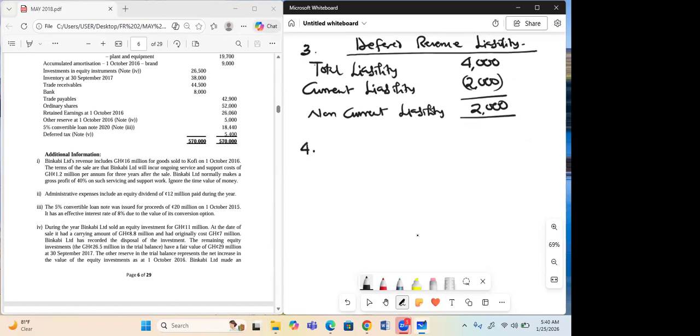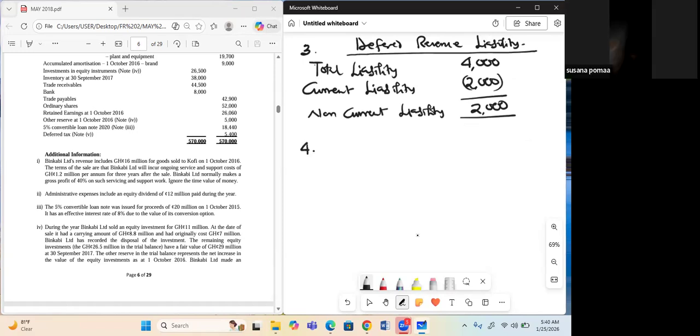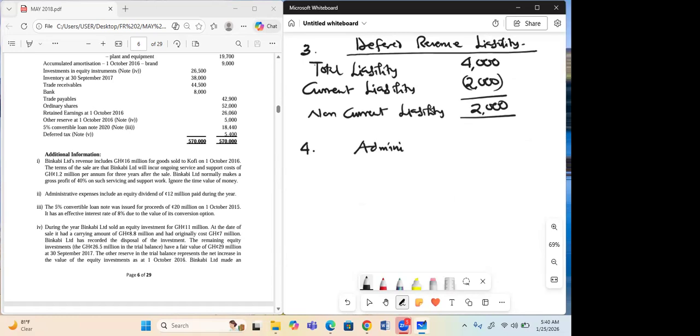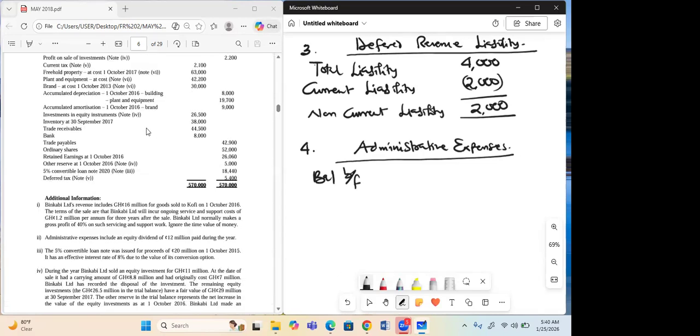So working 4, administrative expenses. So we need to take that dividend out. So give me the administrative expenses. Let's check the trial balance.